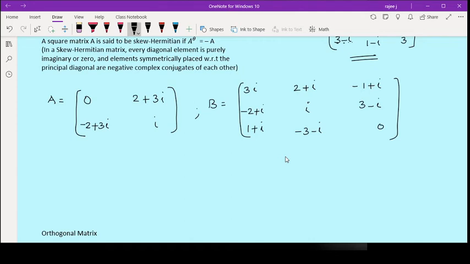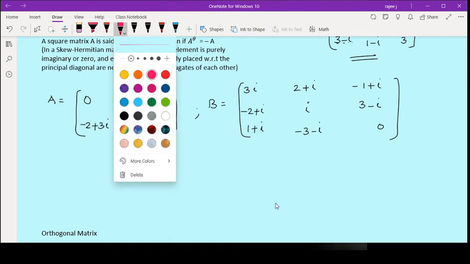Now from these two examples, like the previous one, tell me the definition. What can be the definition of a skew Hermitian matrix? Look at the diagonal elements first of all. Diagonal elements are 0 and i, non-real. And here 3i, 0. So like in the previous one, in a Hermitian matrix, diagonal elements are always real.